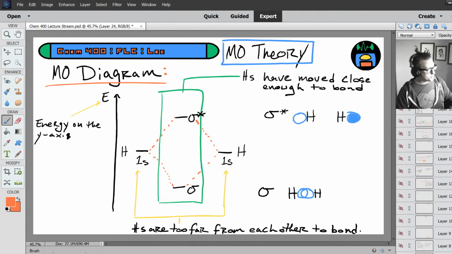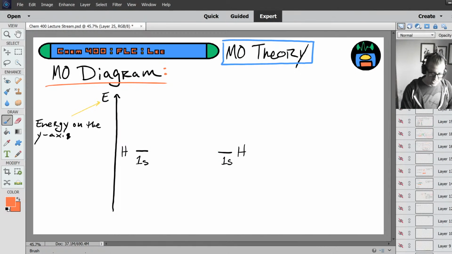What I'm going to do now, I know we're 1 minute over, I'm going to finish with the molecular orbital diagram of H2, and then we'll pick this conversation up on Monday. But I just want to complete the MO diagram for H2. So here's how the molecular orbital diagram works. We have our sigma bond down here, sigma star up top.